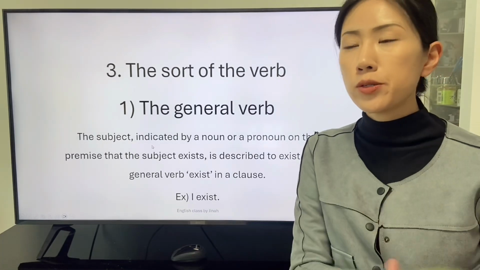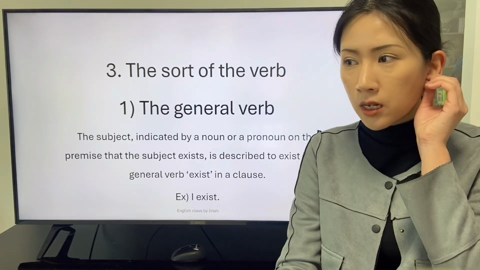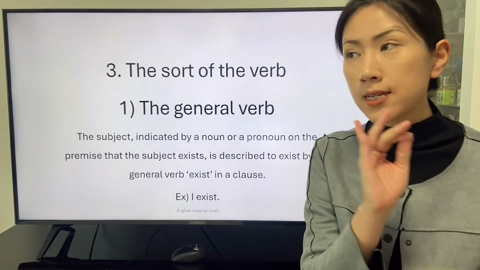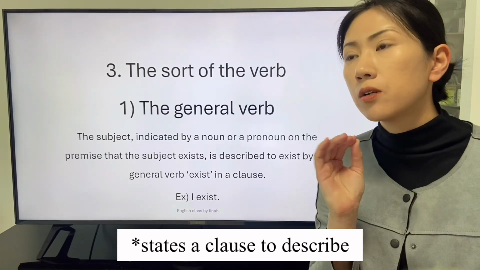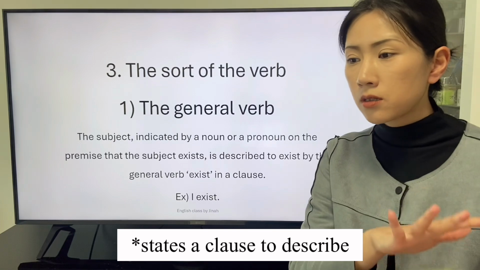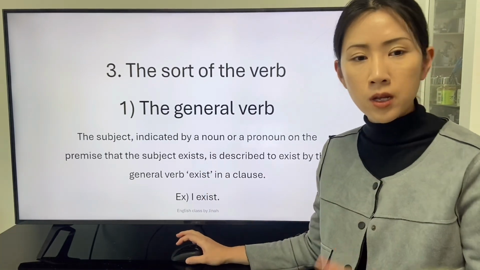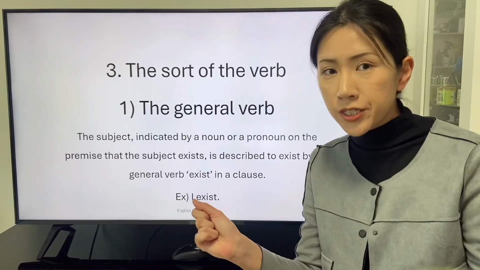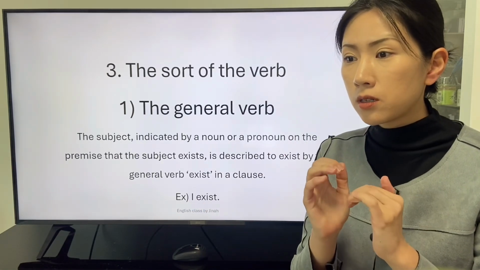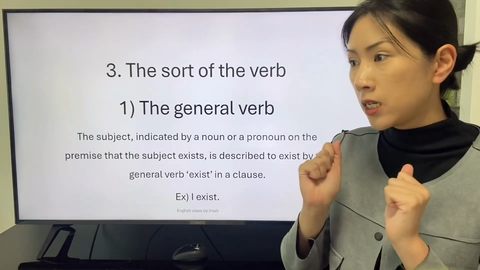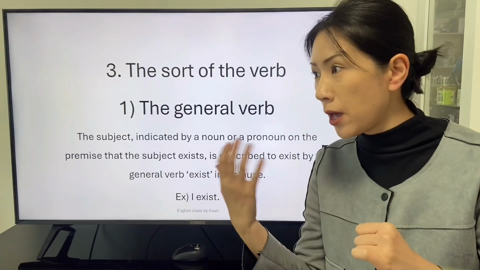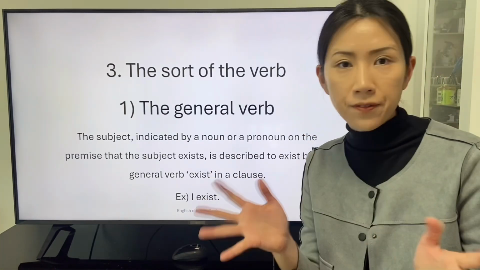The speaker who wants to emphasize the fact that the subject exists describes the existence of the subject with the verb, because the indication of the subject and the description about a subject are different.